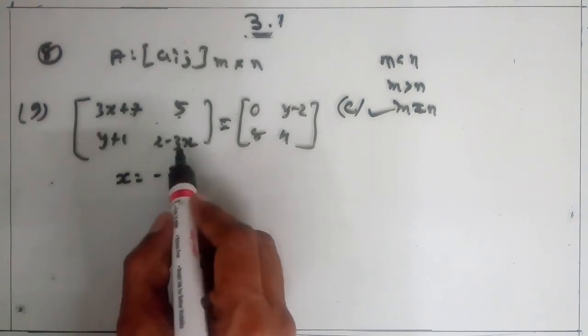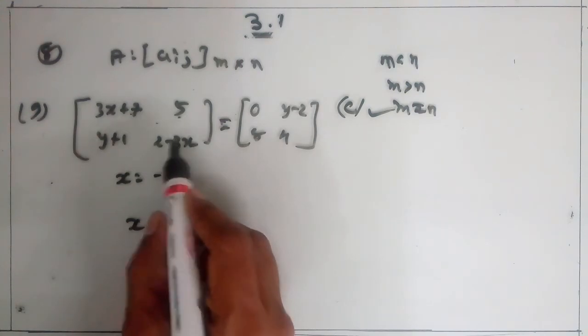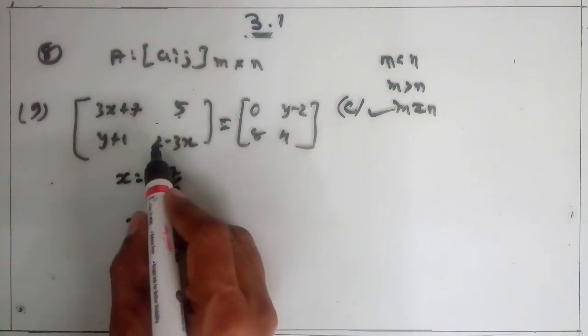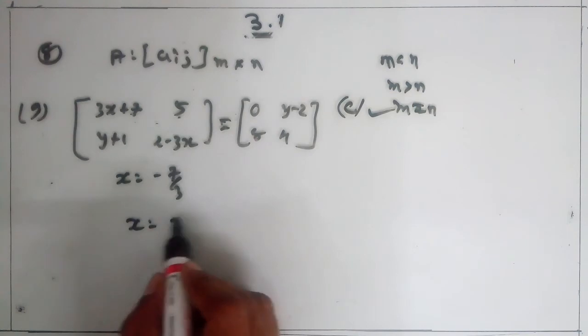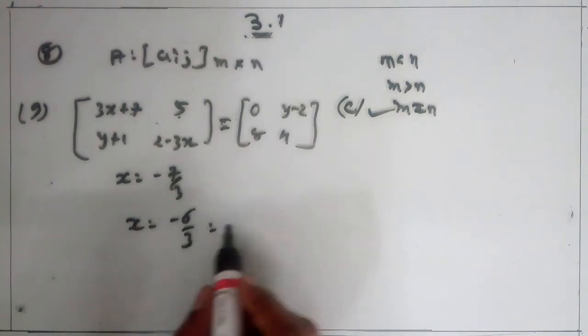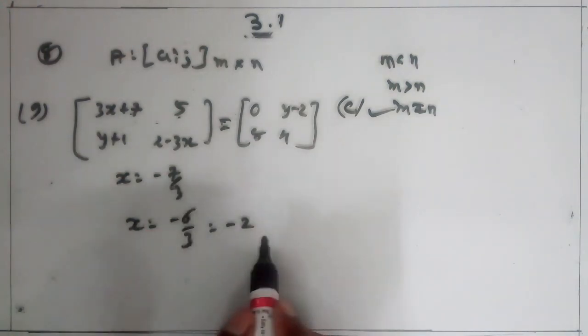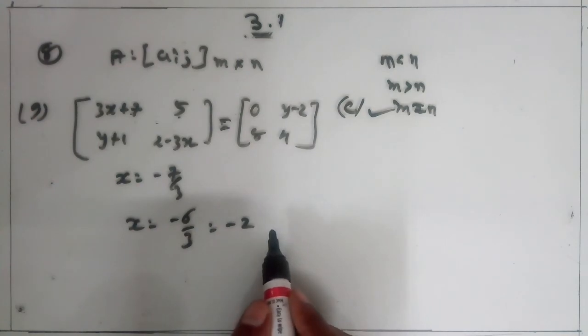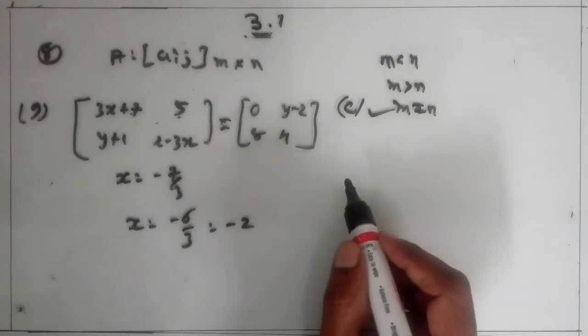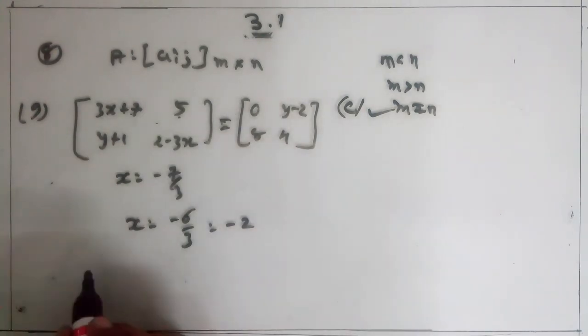From this, 2 minus 3x is equal to 8, so taking 3x to this side, 2 minus 8 is minus 6, upon 3, that is minus 2. Both are not the same. So an answer is not possible. Clear? Option D.